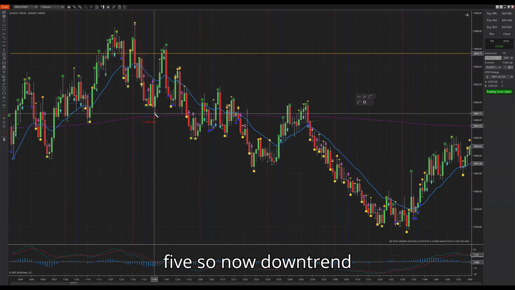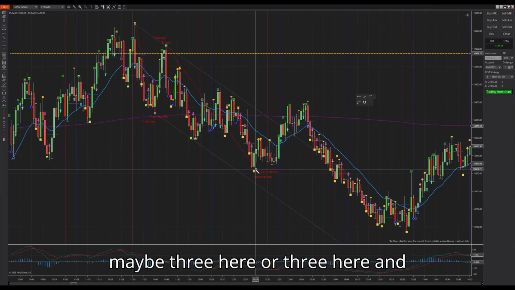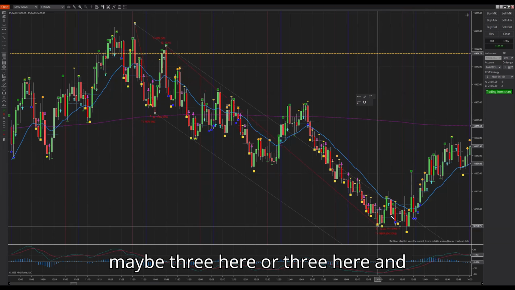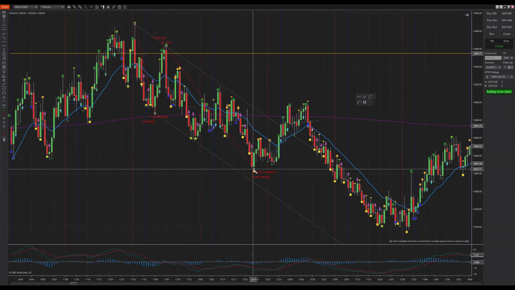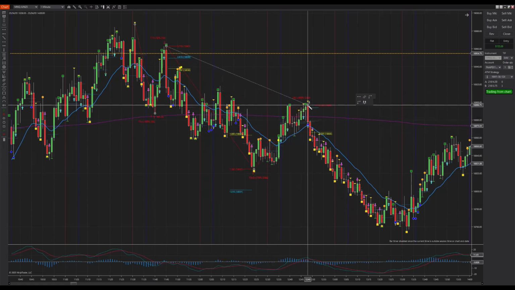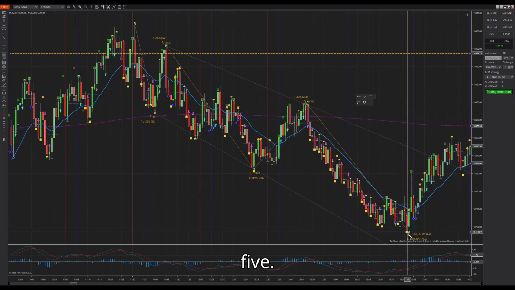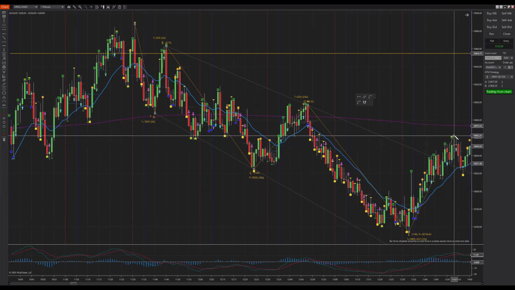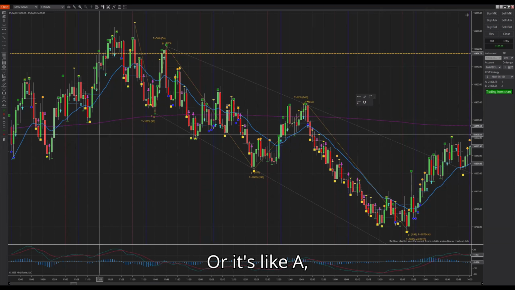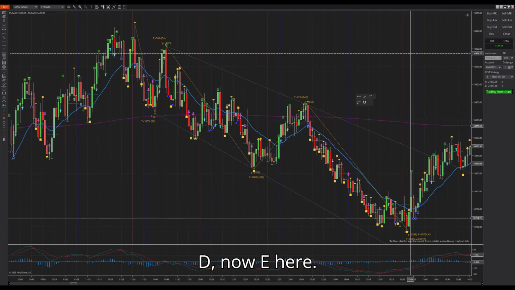So now downtrend wave 1, 2, maybe 3 here or 3 here and 4. But this is 3, 4, and then 5. Or it's like A, B, C, now D, now E here.